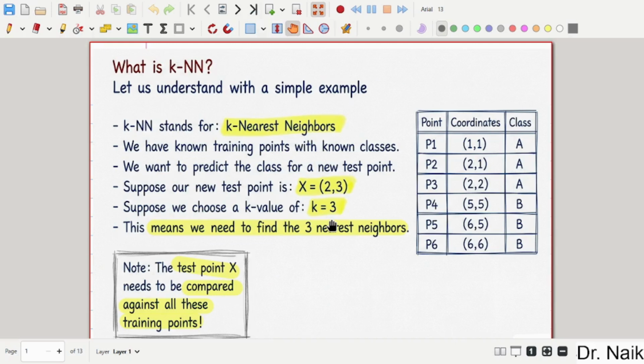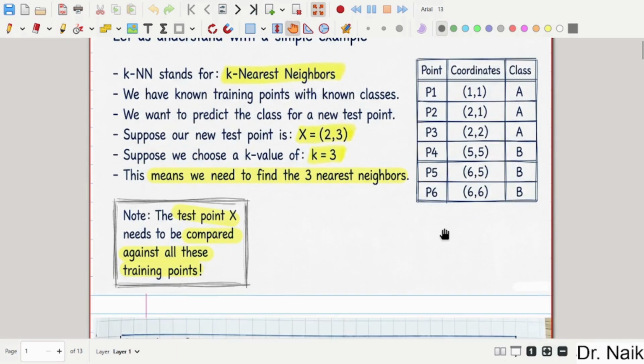Just now we saw that k means consider the nearest points. So here we will need to find the 3 nearest neighbors of this test point. For this we will compare the test point with each of these training points. That means the test point x needs to be compared against all these training points.